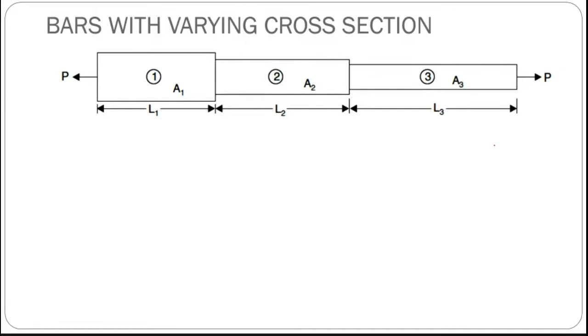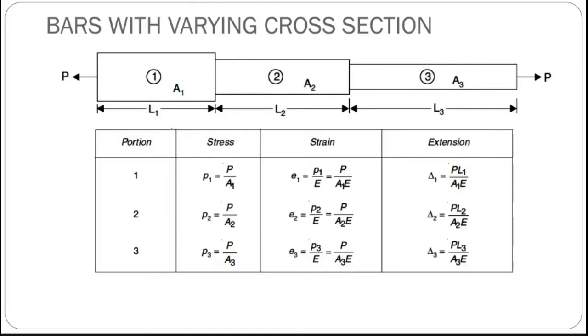It is very simple. What you are going to do is split this into small pieces. So I will split into three portions. Portion one is this one. Identify the change in length for portion one alone, which is PL by AE. So P is constant, L1 by A1, E1.